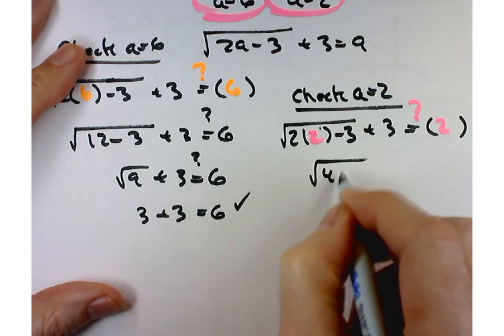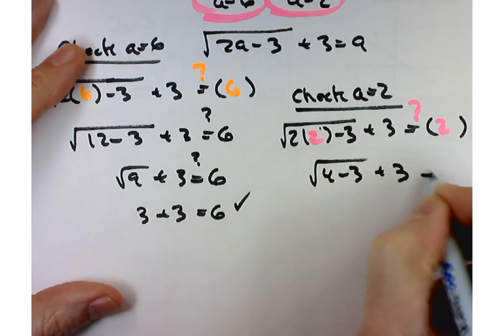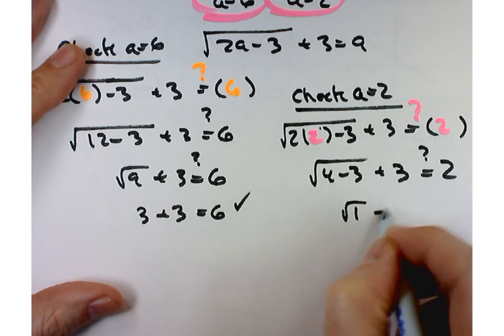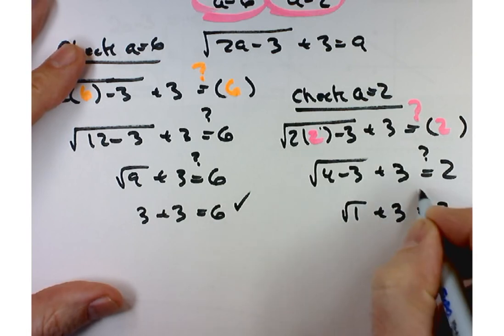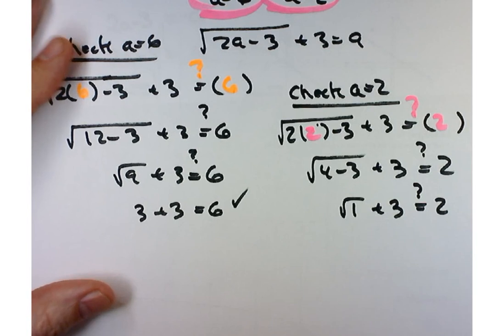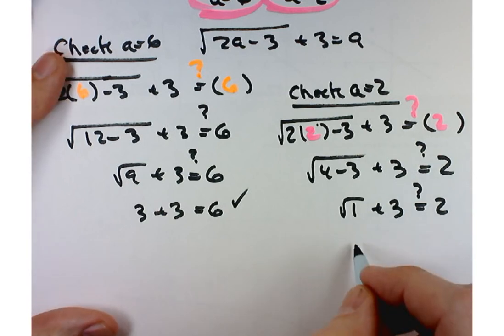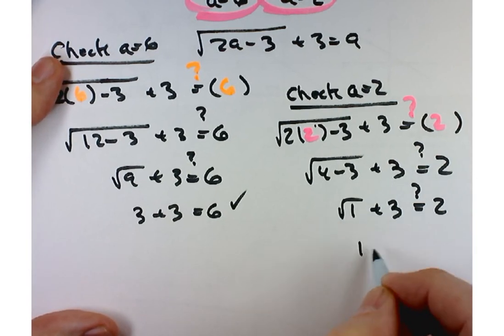So that's square root of 4 minus 3 plus 3. Does that equal 2? Square root of 1 plus 3. Does that work? Square root of 1 plus 3 equal 2? What's the square root of 1? 1.